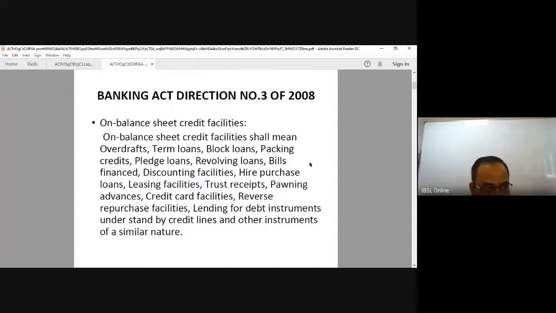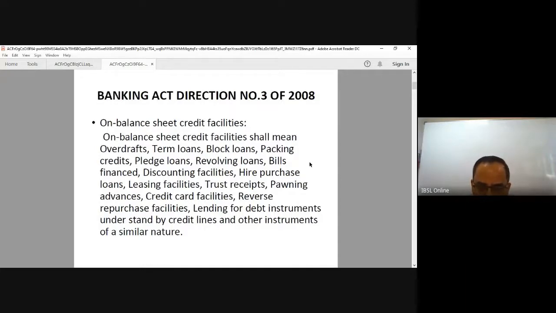Say 500 million they want urgently. They'll say, okay, 500 million, I'm keeping my treasury bills on repo, and before the maturity of the bill, I will settle and take the bill back. Those are reverse repurchase. So for HNB it is basically funding, giving funds. So lending for debt instruments under standby credit lines.